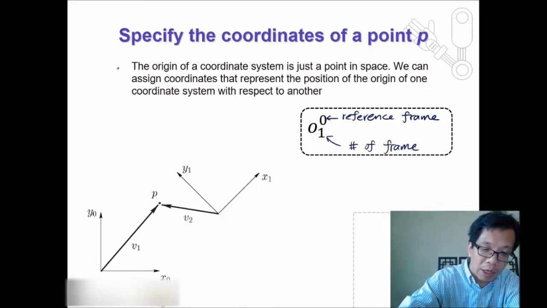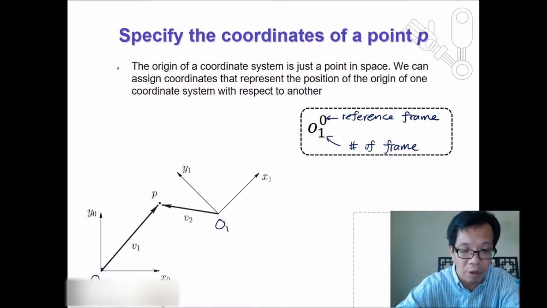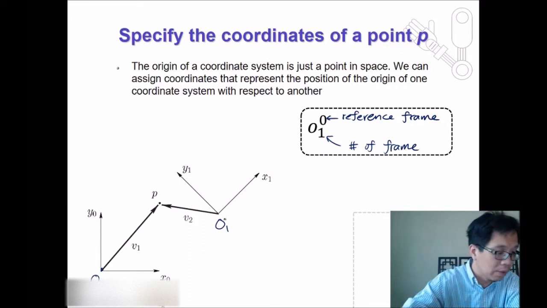Which means, if I have my O over here, this is my O1, this is the origin of the 0th frame, and this is the origin of the first frame.